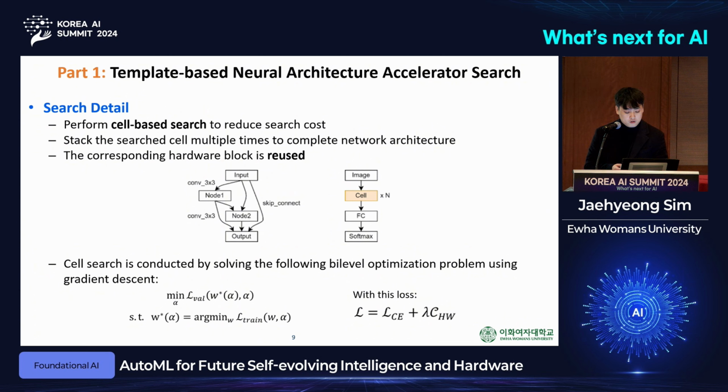And once we find the cell, we will have a corresponding hardware block because they are paired in a template. So we can reuse the template over the layers. And this cell search is conducted by solving the bi-level optimization problem using gradient descent, as previous work DARTS did.